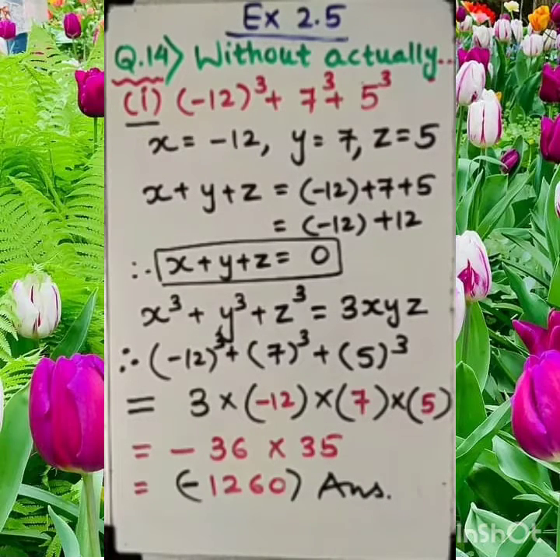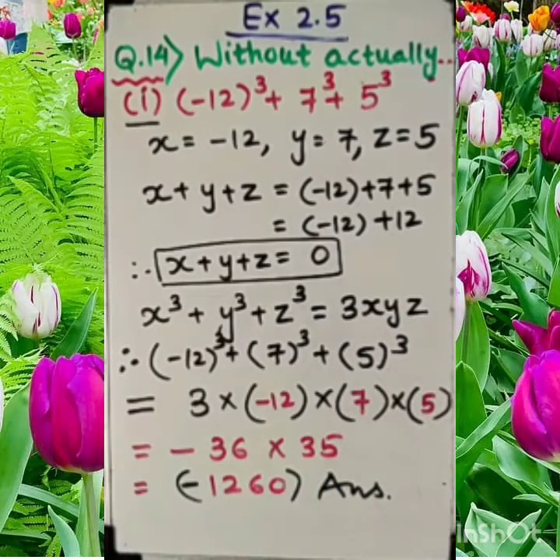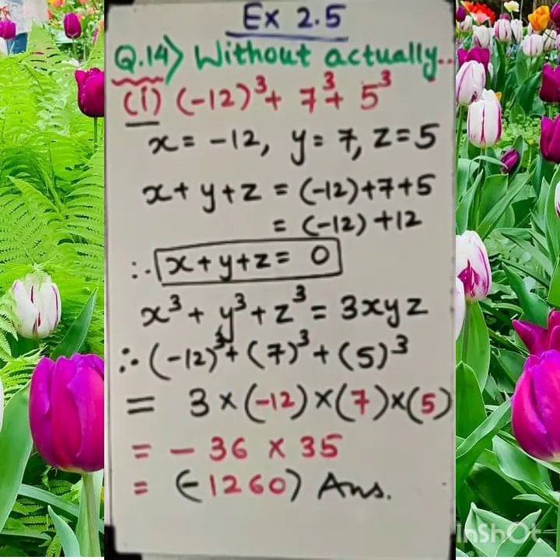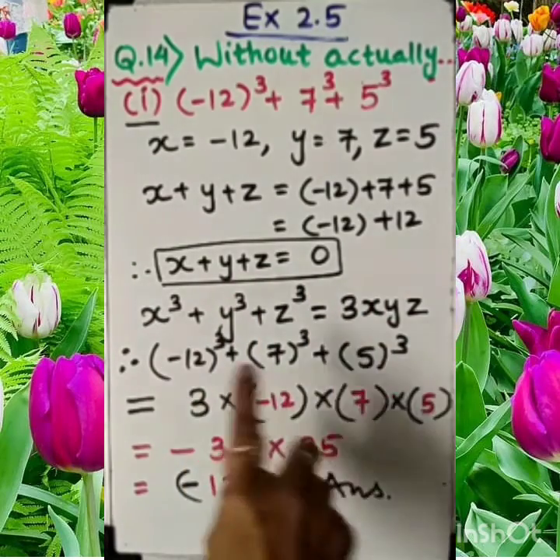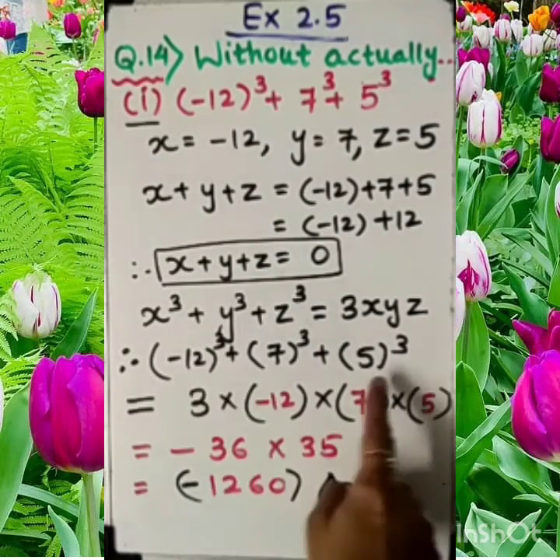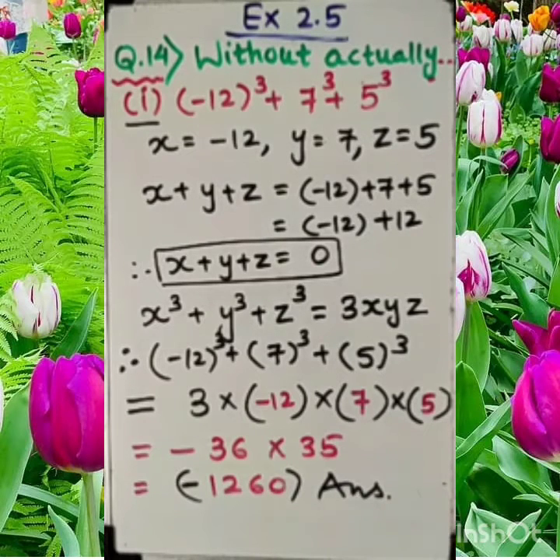So without calculating, you can say the sum of the cubes of these three given numbers is minus 1260, which is quite easy. Simple, 3xyz we have to do. First step, we need to prove x plus y plus z equals 0. If it is 0, then we can say the sum of the cubes of these three is 3xyz, 3 into x into y into z. Finish. The answer is here.